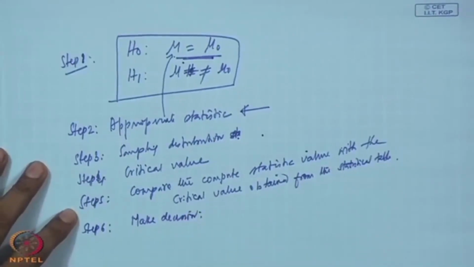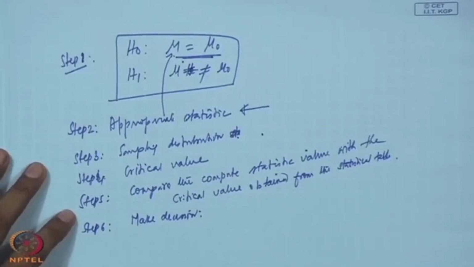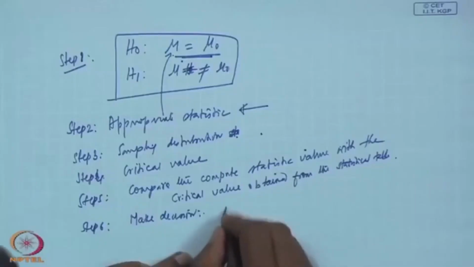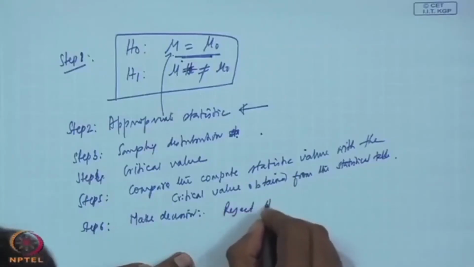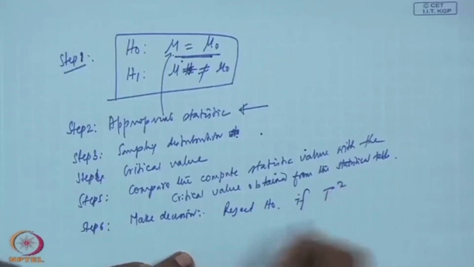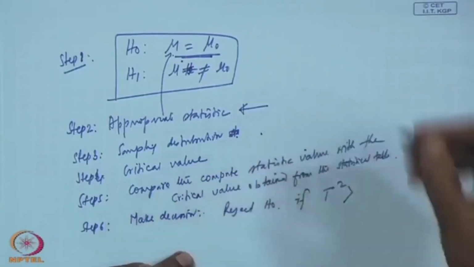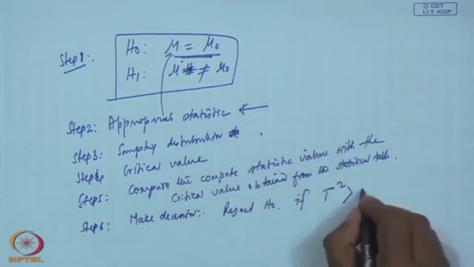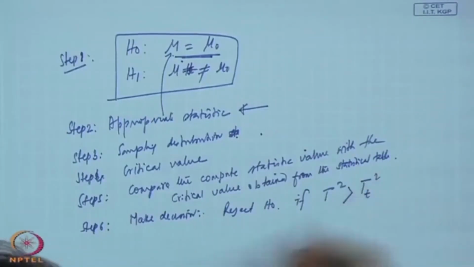What will happen if your computed statistic is less than the tabulated value? The null hypothesis cannot be rejected. So, the decision is to reject the null hypothesis H0 if, in this case, we are saying T square computed is greater than that particular tabulated value.